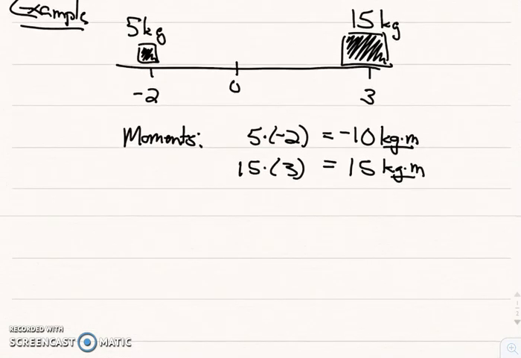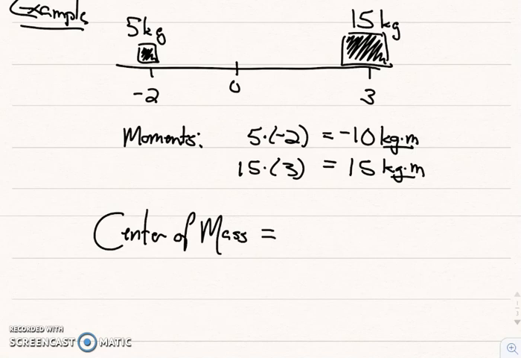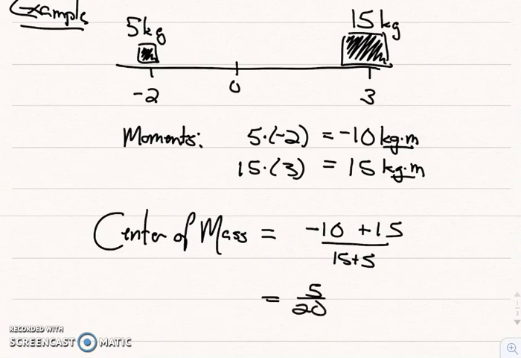And therefore we find the center of mass by summing these moments, -10 plus 45, and dividing by the combined total mass of the system, 15 plus 5, to obtain 35/20, or 7/4.